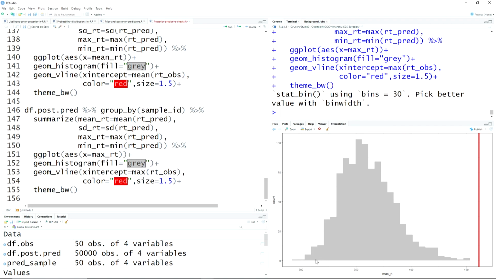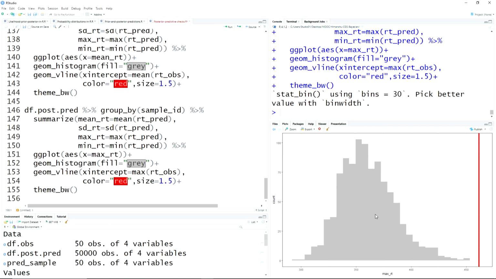So the max RT in all posterior predictive samples are in the range of 320 to approximately 440. Okay, so that's the range of maximum RT in posterior predictive samples. But the observed data shows the max RT of 480 or something. So it's completely different. This summary statistic is completely different from posterior predictive data.